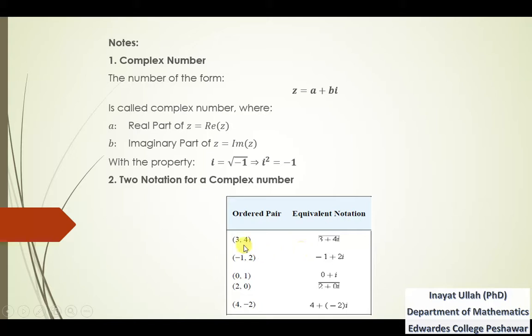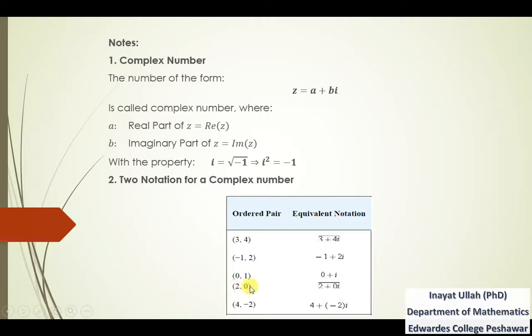Whenever you write a complex number in ordered pair form, you need to write the two components, the real part and imaginary part, with a comma between them, but iota will not be written with the imaginary part. Similarly, -1 plus 2 iota can be written as -1 comma 2. 0 plus iota can be written as 0 comma 1, or we may say that 0 comma 1 can be written as 0 plus 1 iota.